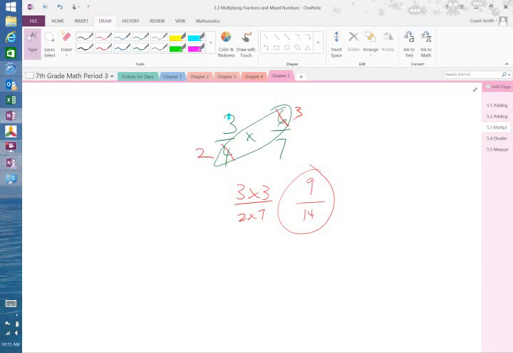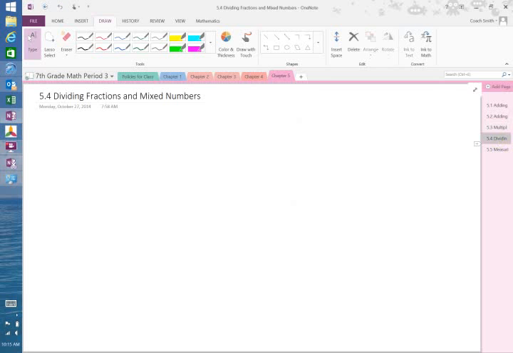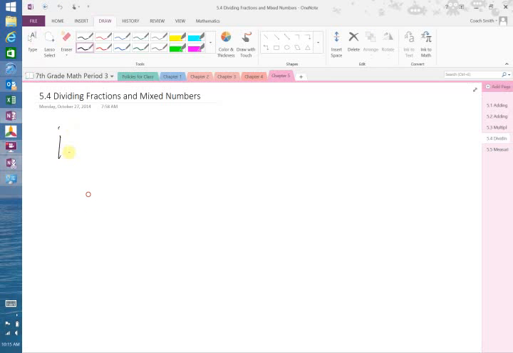Okay, now, for dividing fractions, we need to understand what the word reciprocal means. We need to understand what reciprocal means because that's the extra step in dividing fractions as opposed to multiplying fractions.